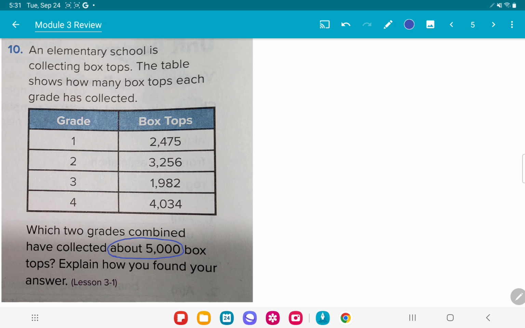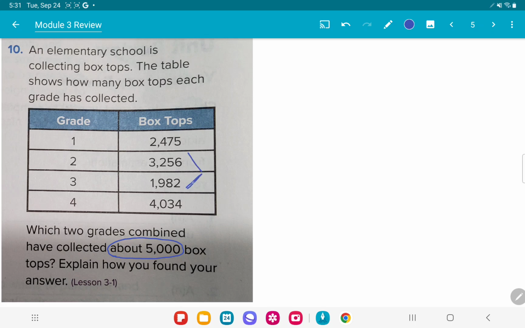There's a couple different options that we could go with since it tells us about and we're estimating. 2,475 is a little more than 2,000. 3,256 is just a little bit more than 3,000. 1,982 is almost 2,000. And 4,034 is almost 4,000, just a little bit more.